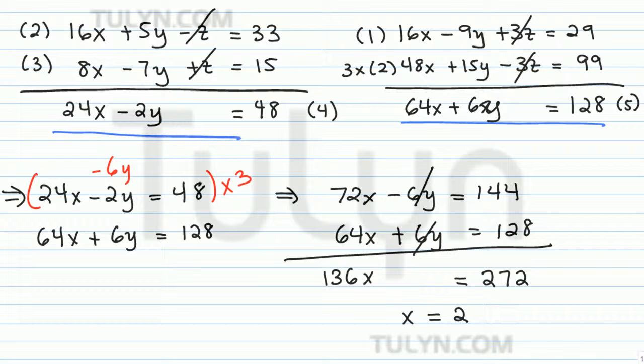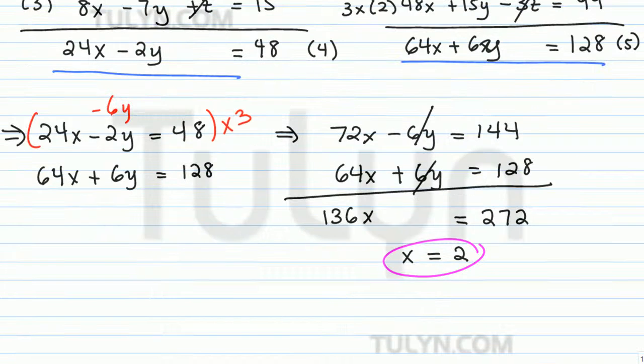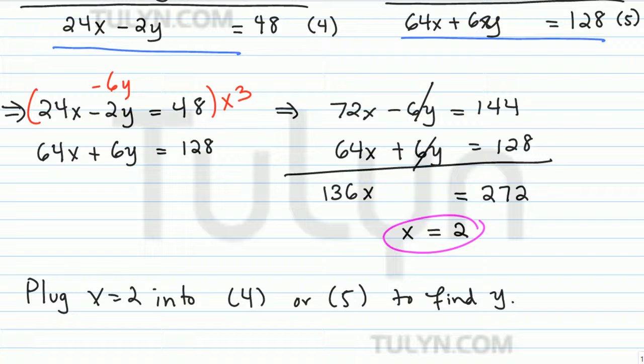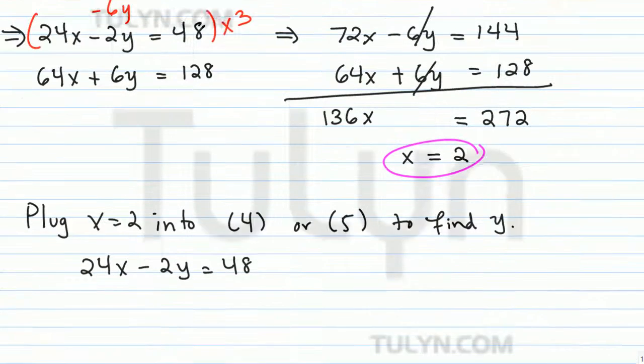So now that we've found x is equal to 2, we can plug it in to either equation 4 or 5 so that we could solve for y. So it looks like equation 4 is a little bit easier to deal with. So let's plug it into 24x minus 2y is equal to 48.